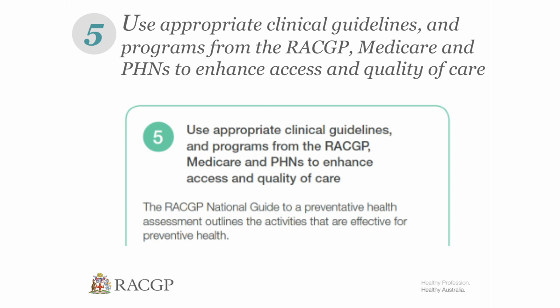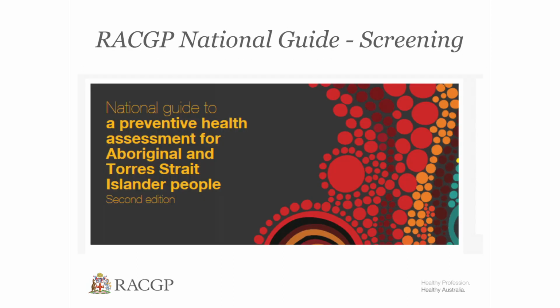So I'm with the college, I work in the national RACGP Aboriginal and Torres Strait Islander Health, and one of the big projects we've been involved in for a long time and is just coming out in 3rd edition is the National Guide to Preventive Health Assessment for Aboriginal and Torres Strait Islander people, which is a partnership between NACCHO, which is the National Aboriginal Community Controlled Health Organisation, and the RACGP. So if you watch out, within the next month, I think those guidelines are going to be launched. And those are essentially like the Red Book for Aboriginal and Torres Strait Islander people. If you move on to the next slide, I think we've got more on that.